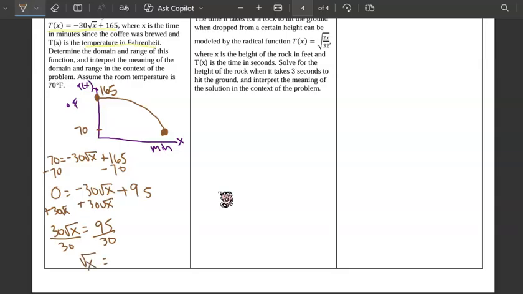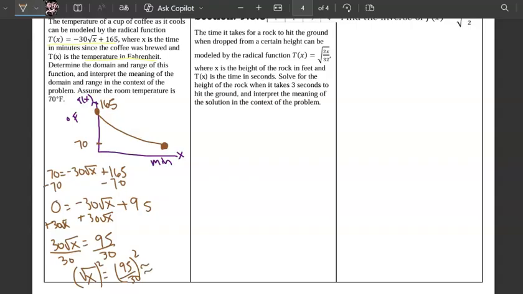And then square each side. And that's about 10. The domain in this case would be from 0 to this number. And it represents the number of minutes for the coffee to cool.